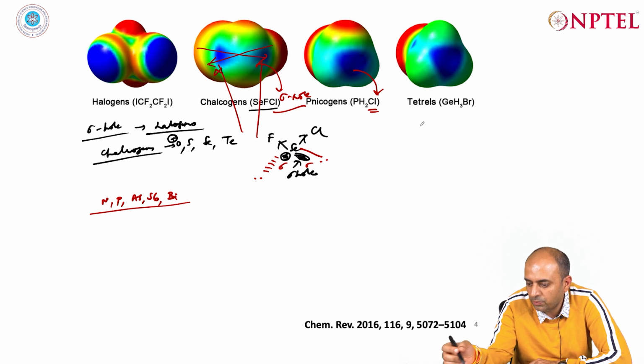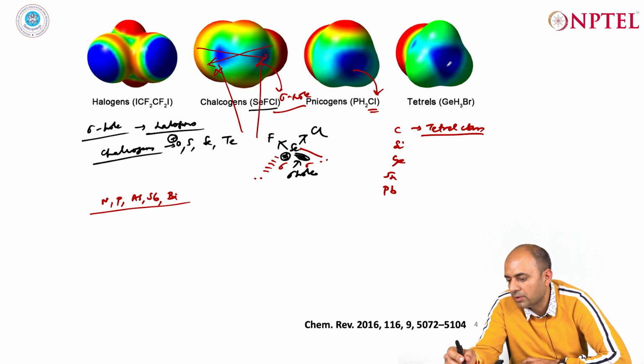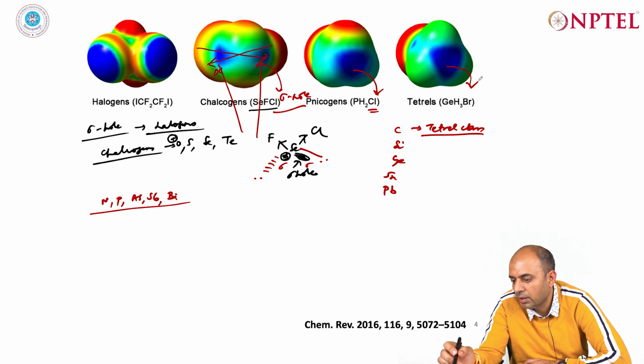And the concept can also be extended to the family of atoms of carbon, silicon, germanium, tin and lead, which we call the tetrel class or the tetrel atoms, where for example in case of germanium, if you replace in germane one hydrogen with bromine, you will be able to see the sigma hole on the germanium center, opposite to the GeBr bond.